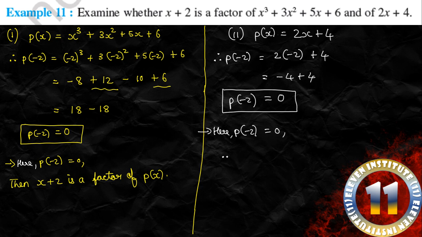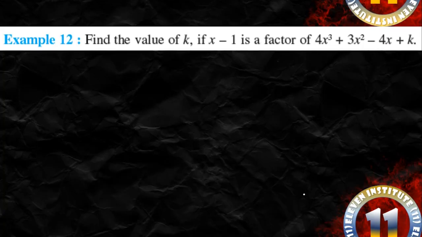So we can write therefore x plus 2 is a factor of p(x). Very simple question, right? Please pause the video and write this down in your CW. I hope you have written this. Let us move ahead to example number 12.